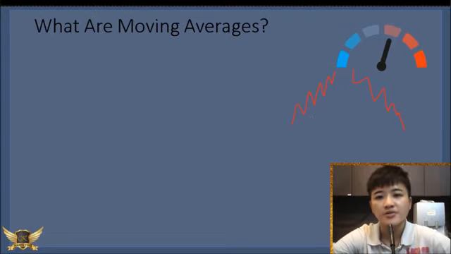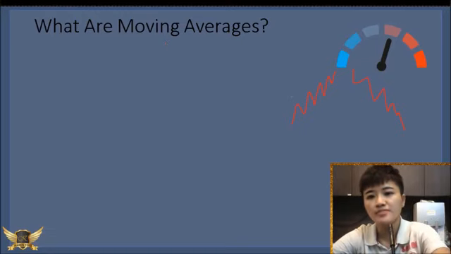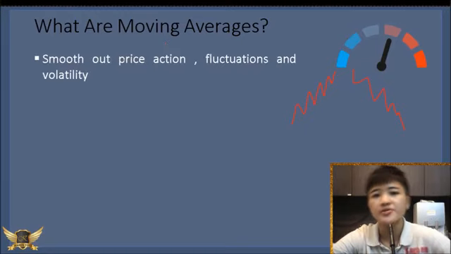So a lot of times, traders would get distracted by all of these mini fluctuations. So what moving averages do is that it smooths out the price actions and all of these fluctuations and volatility. So all you need to focus on is that one line that's sloping upwards or sloping downwards, especially when the market is going downtrend.